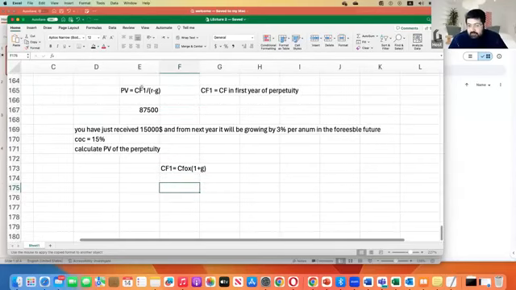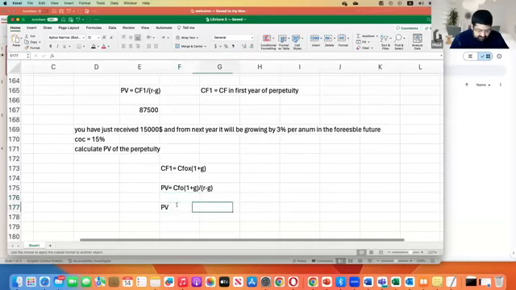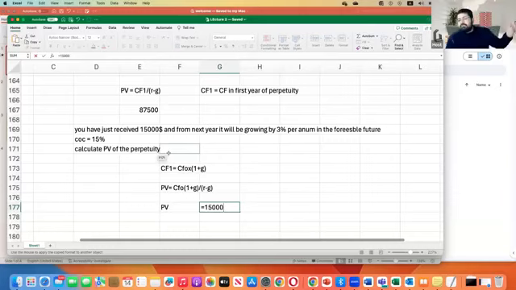So hence this formula will become: present value is equal to CF naught into 1 plus G over R minus G. I have just put the value of CF1 there. Simple as that. So present value is equal to CF naught, 15,000, we have just received, cash flow before start of perpetuity, into 1 plus growth rate, 0.03, over R, 15% minus 3%.